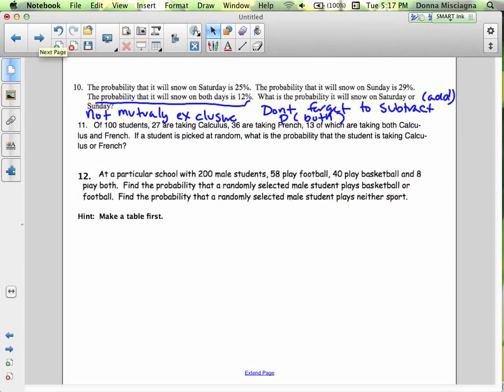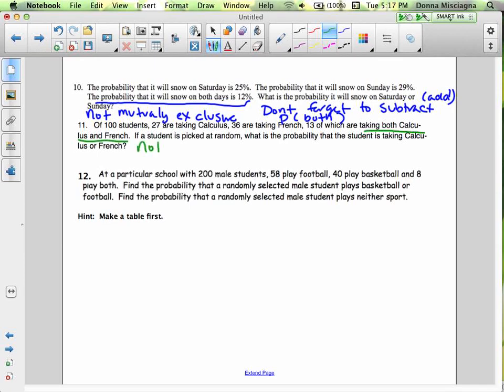Of 100 students, 27 are taking calculus, 36 are taking French, 13 of which are taking both calculus and French. If a student is picked at random, what is the probability the student is taking calculus or French? All right, again, we have students that are taking both calculus and French. They are clearly telling you these are not mutually exclusive, right?